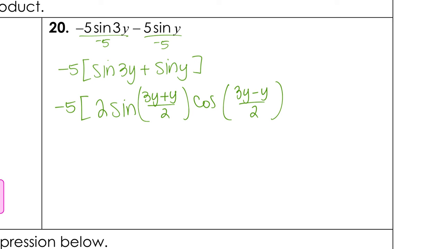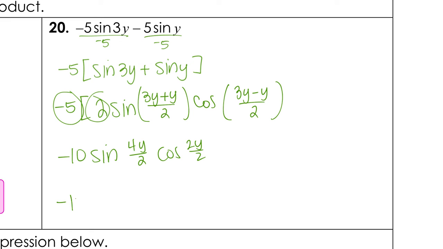Now -5 times 2, these coefficients, that's -10. So sine of 4y over 2, cosine of 2y over 2, and then one last step. 4y divided by 2 is 2y, and 2y divided by 2 is just 1y.